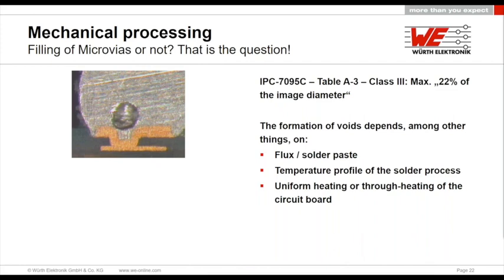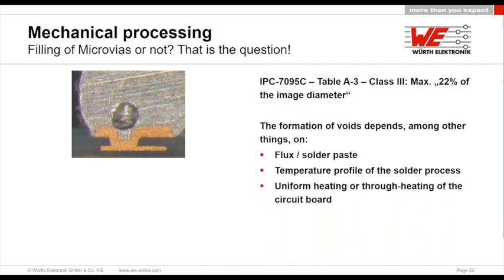The formation of voids, and their size, is affected by the solder paste and the flux being used in your solder paste, by your temperature profile in your reflow oven, and by the time for these different temperature steps, so that you have uniform heating of your board and through-heating of the overall circuit board.